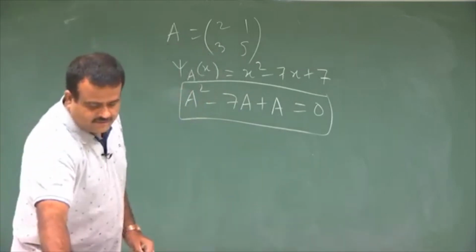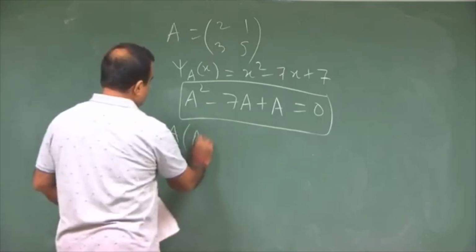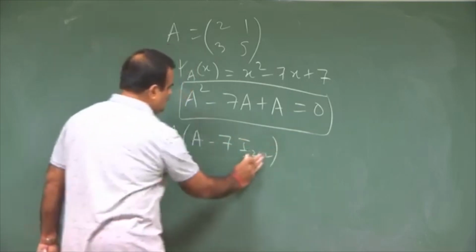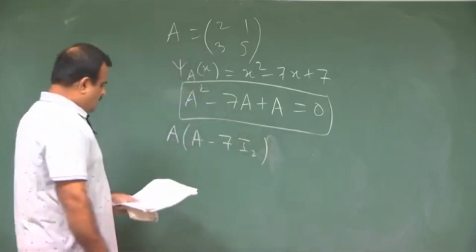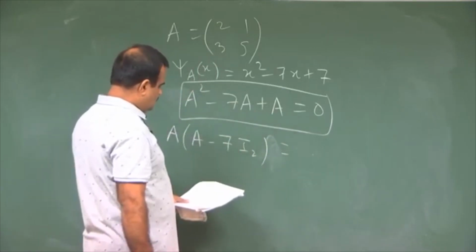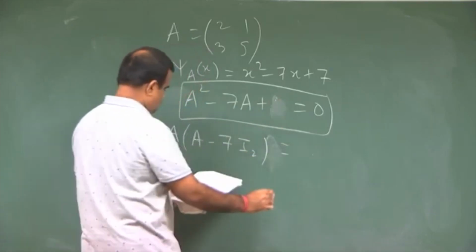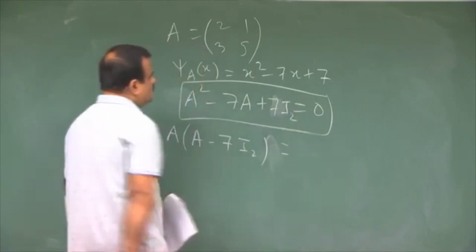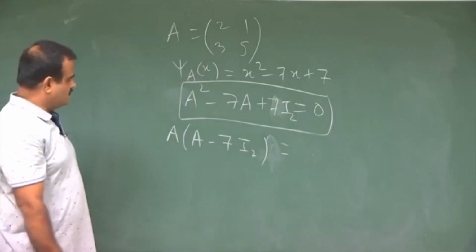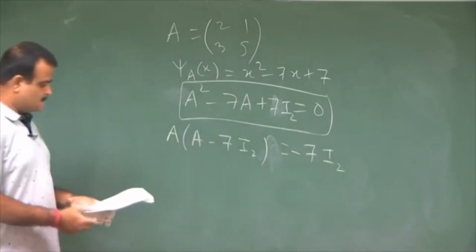We can just take A common: A into A minus 7 I 2 equals minus 7 I 2. This is the way.